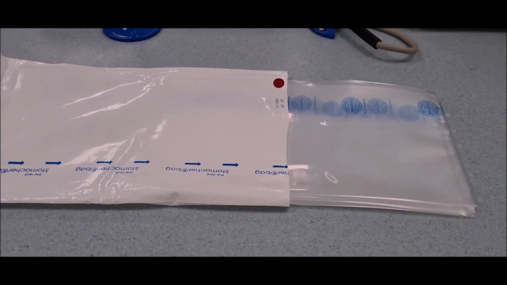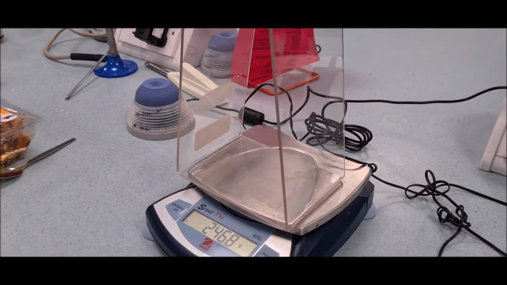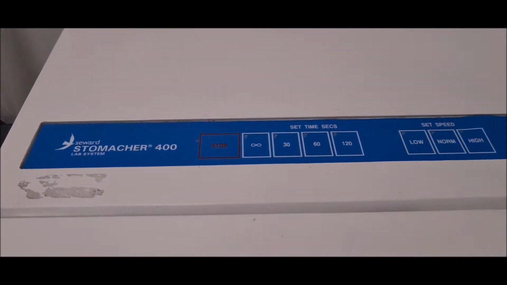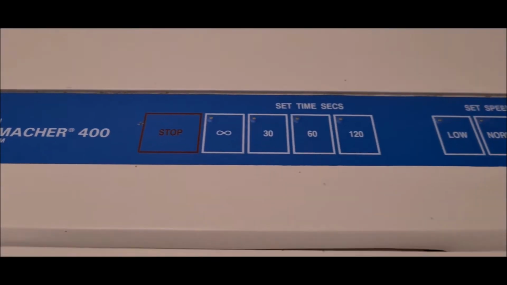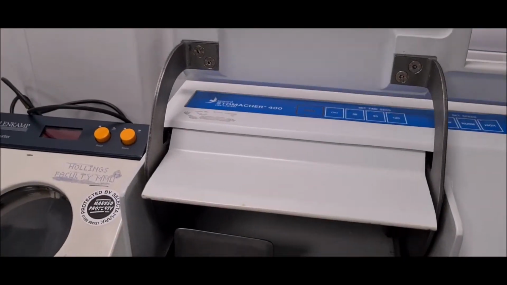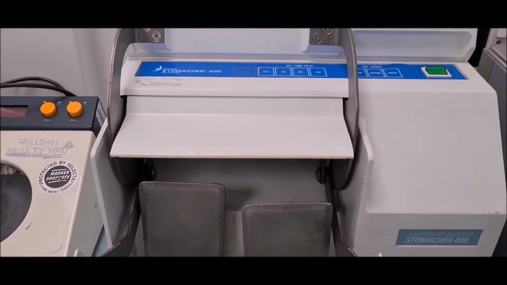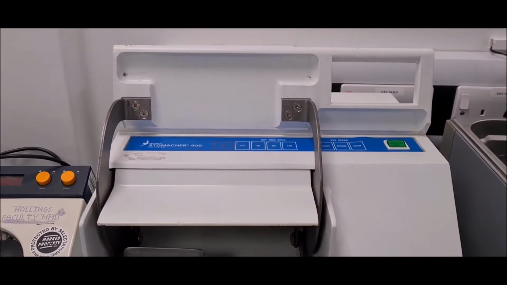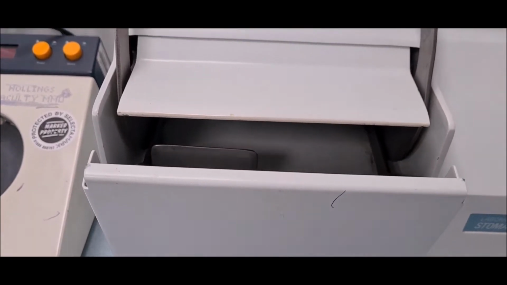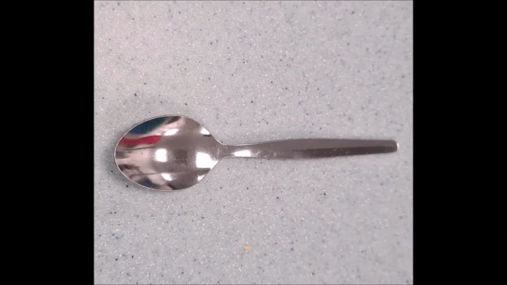Stomacher bags. Stomacher bag opener. Stomacher machine. Sterile spatula or spoon.